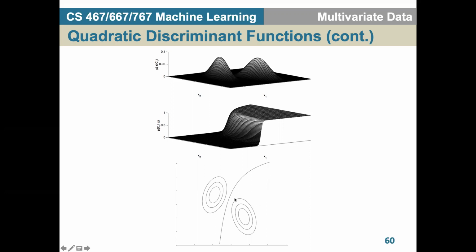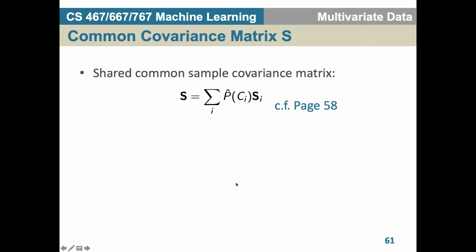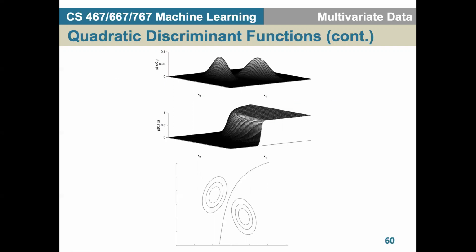Because one Gaussian may be something like this, and another Gaussian may be something like this, with a covariance that may be positively correlated in one and negatively correlated in the other. The boundary is where the probability functions are equal, along this line. On the left-hand side of this line, you belong to this class. On the right-hand side of this line, you belong to this class. This is the visualization. Any questions?